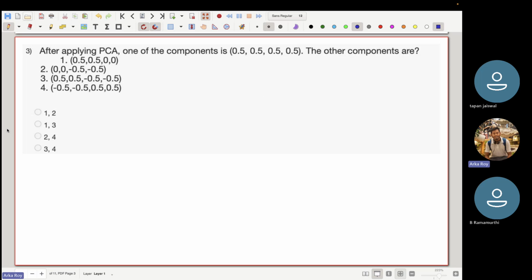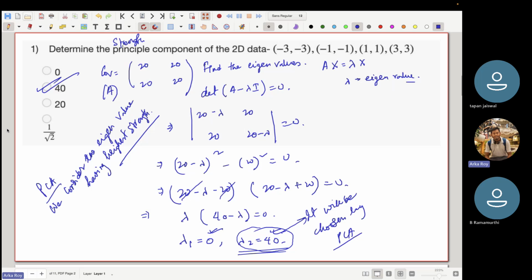Okay. The next question is stating that after you apply PCA, one of the components. Why I was saying the previous question should be the strength of the principal component is because the principal component is itself a vector. But over here, in the options, you can see the options are scalars.